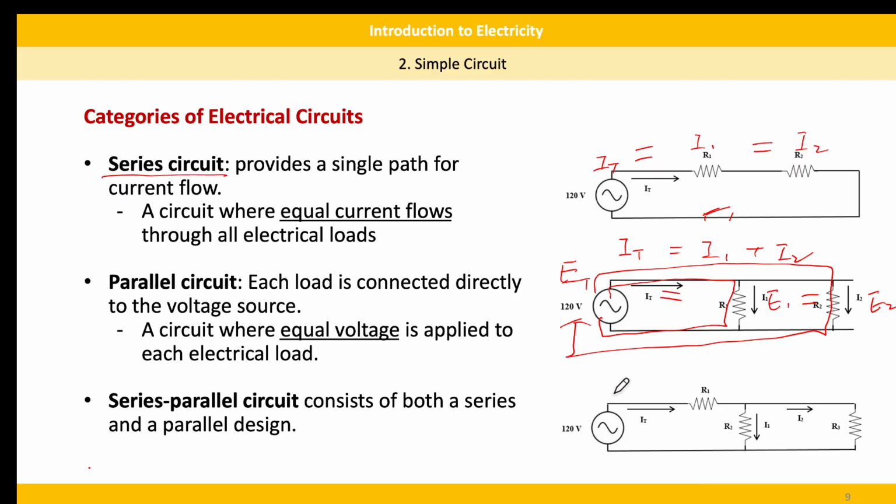And the series parallel circuit combines series and parallel circuits. It consists of both a series and a parallel design. Like in an office building or classroom, you can use 2 switches to control all the lamps. One switch controls maybe 4 lamps, and one switch controls the other 4.